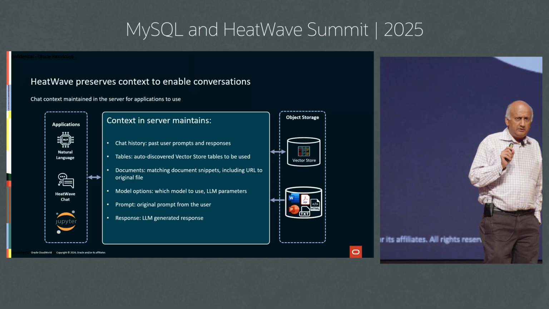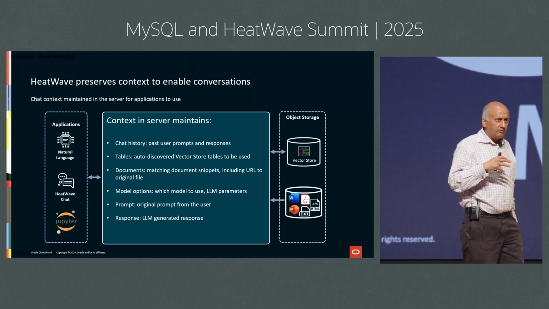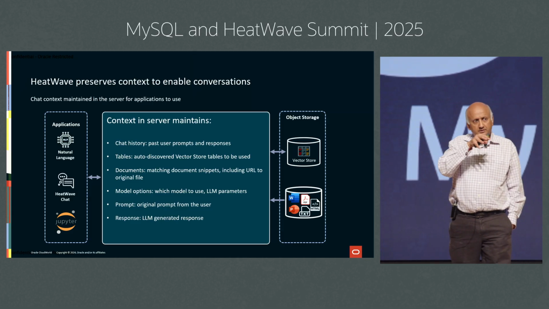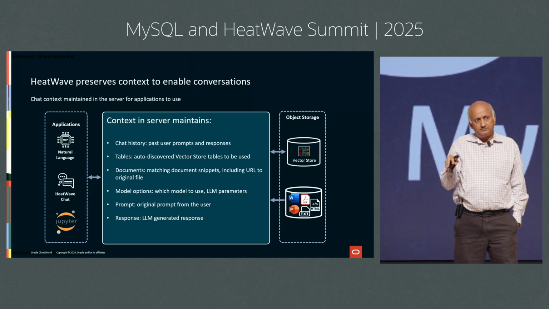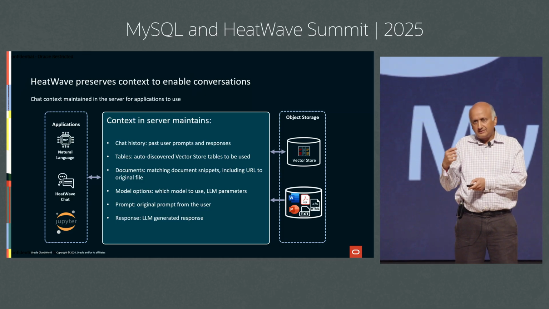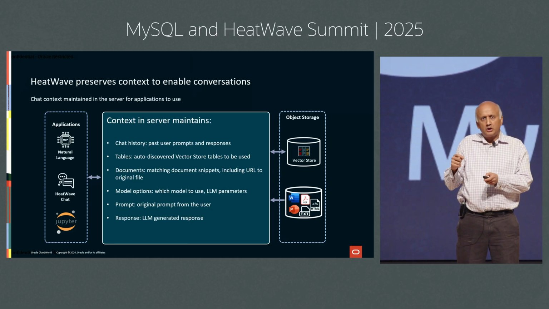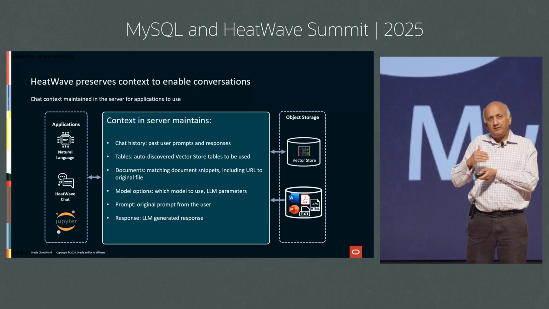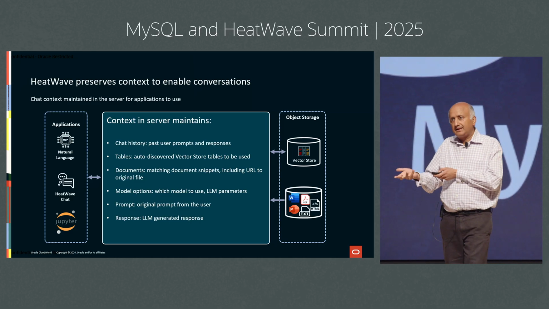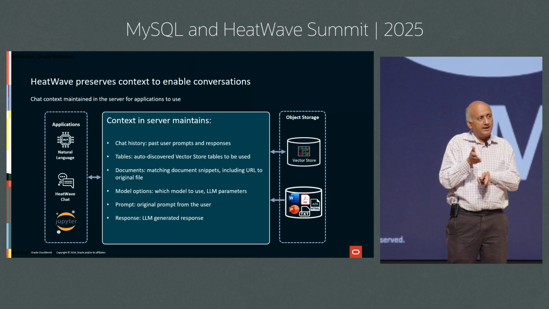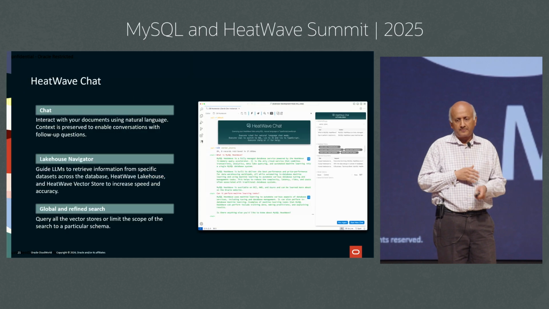One of the things which you do with HeatWave is that when someone is asking questions, the client, we preserve the state inside the database. What that means is if you ask the system, what is HeatWave? It gives you an answer. And then you say, does it support machine learning? When you ask it, the system knows that you're referring to HeatWave. So this context is saved inside the database, and any application which is using HeatWave Generative AI can leverage this context.